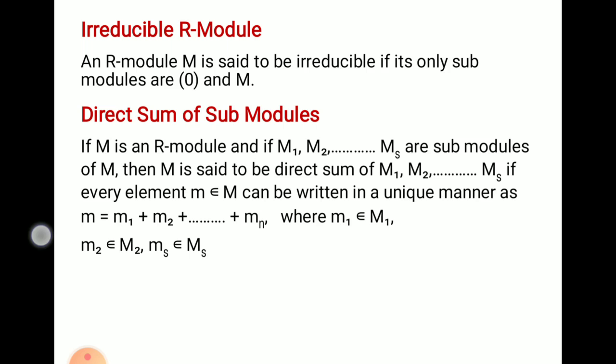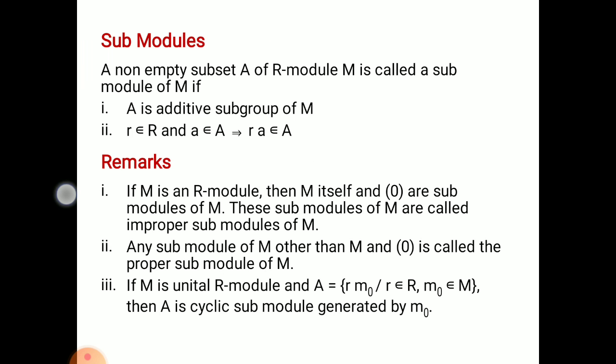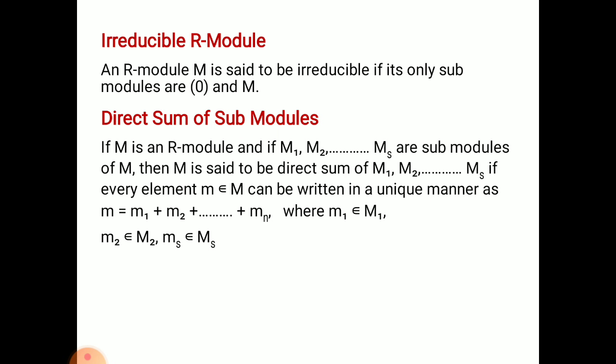Already we have seen that these submodules 0 and M itself are called improper submodules. That means if an R module M has only improper submodules, that means 0 and M, then such an R module is called an irreducible R module.